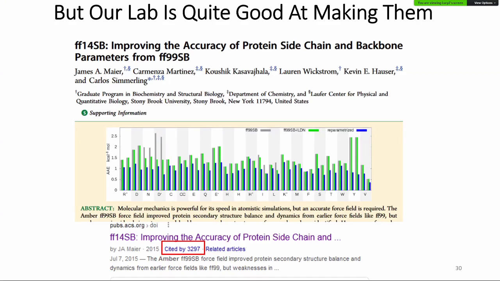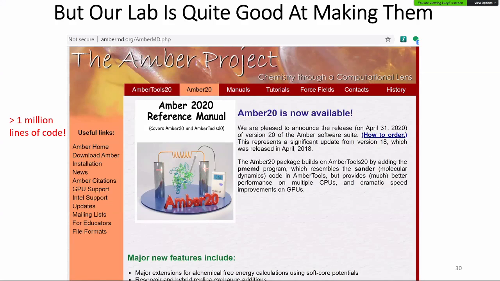So it's pretty well used, and people seem to agree that they like it as well. And the code that runs all of this is called the Amber code. Our lab is one of the developers of this code. It consists of, hard to pin down the number, but over 1 million lines of code. So this is a lot that goes into making movies that resemble, again, some layer of reality.